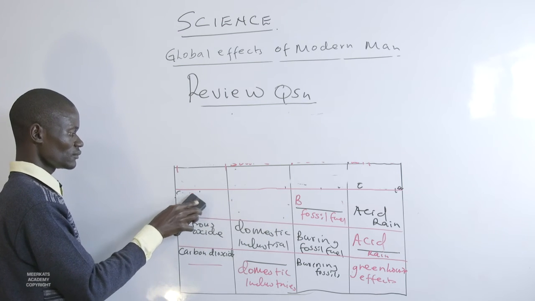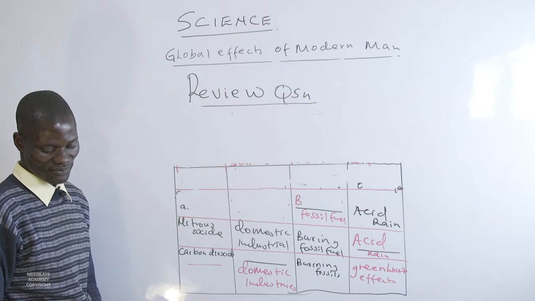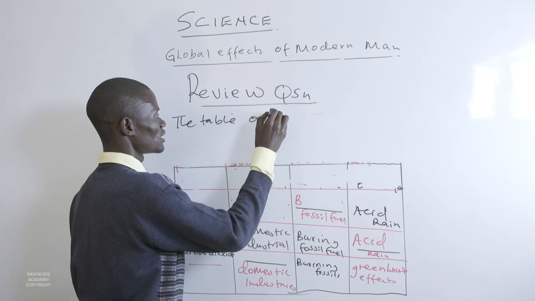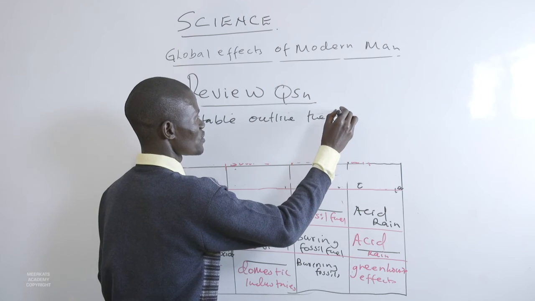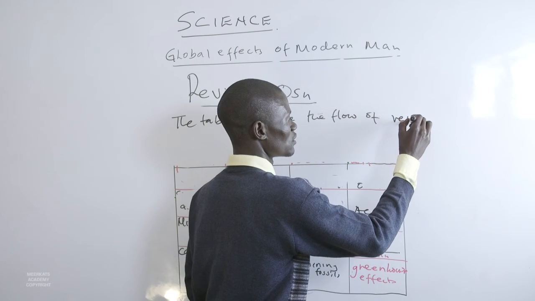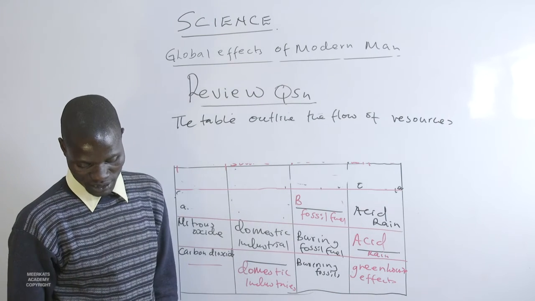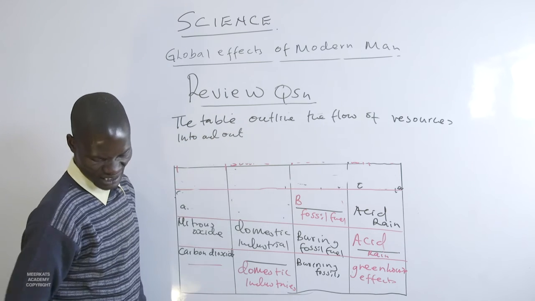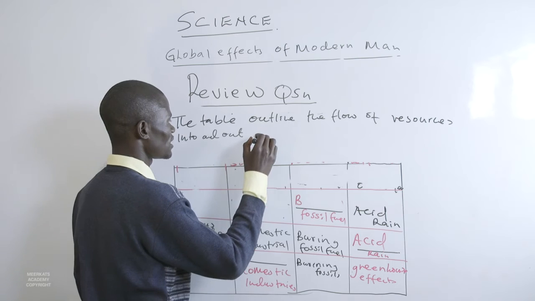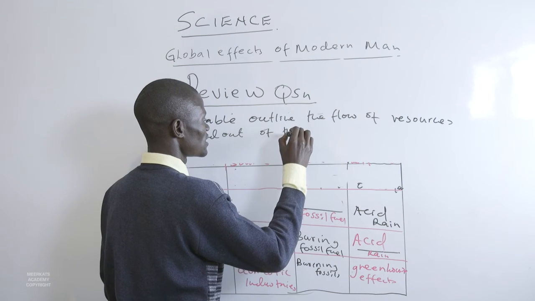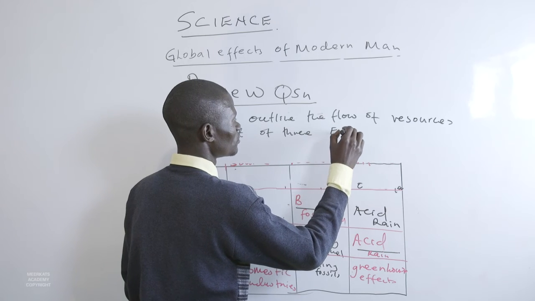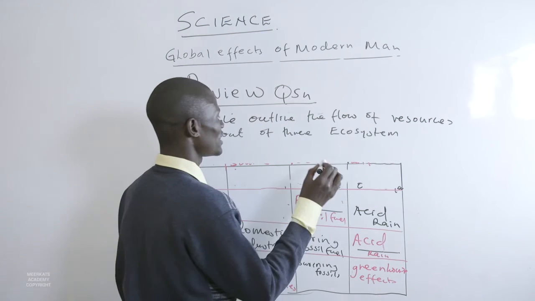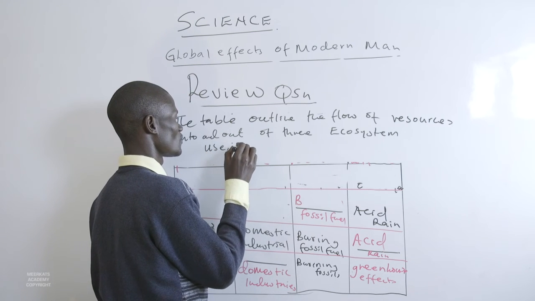Now, the following table outlines the flow of resources into and out of three different ecosystems.